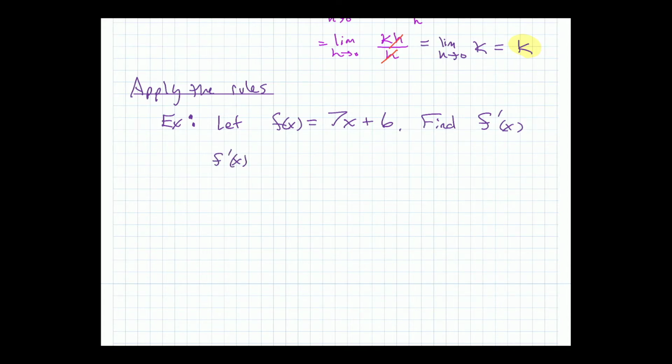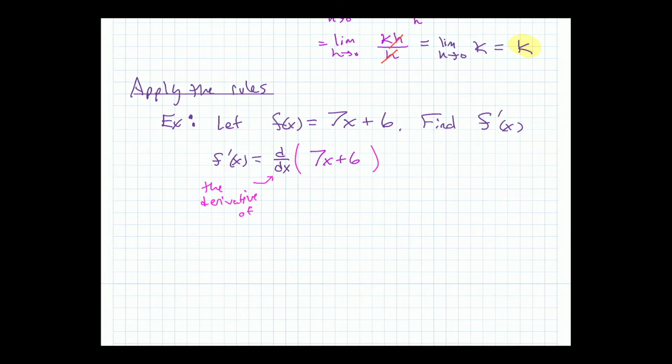We're only trying to apply these rules. So this is how it should look. You should say f prime of x. Well, f prime of x is the derivative. Remember, we're writing the derivative like this now. So the derivative of, and then whatever you put here. So what are we putting there? We are putting the function, which is 7x plus 6.